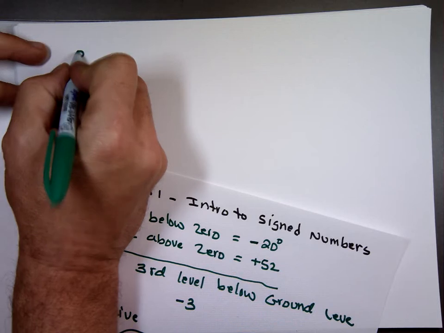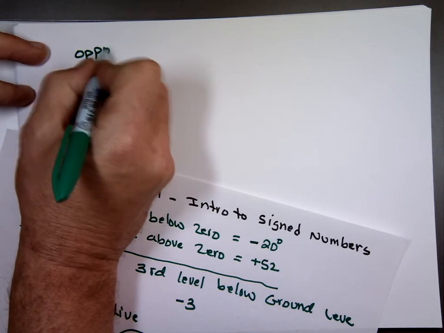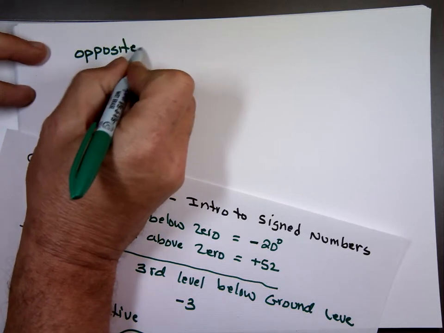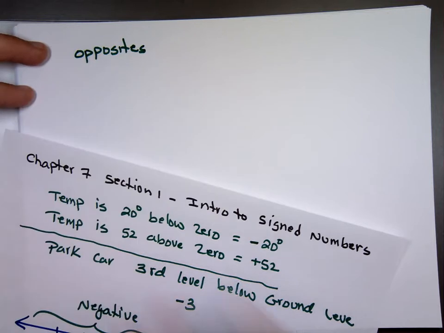Let's look at the definition of opposite numbers. Opposites.